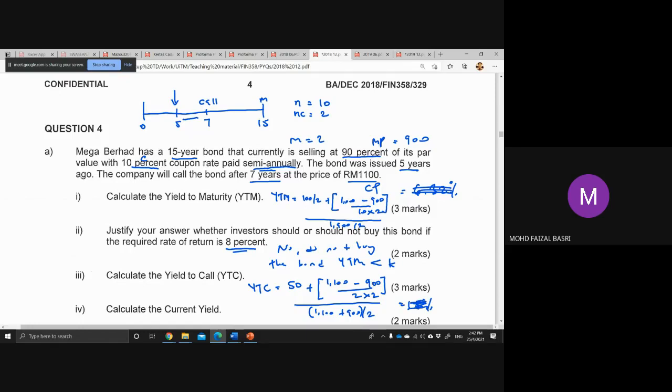Okay, we reverse back. 1,000 minus 900 divided by 20 plus 50. And we divide with 1,900 divided by 2. So here is supposed to be 5.79%. Okay, 5.79%.